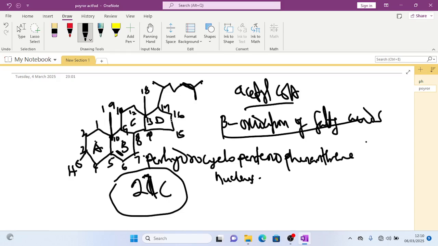Let's look at the steps involved in cholesterol biosynthesis.